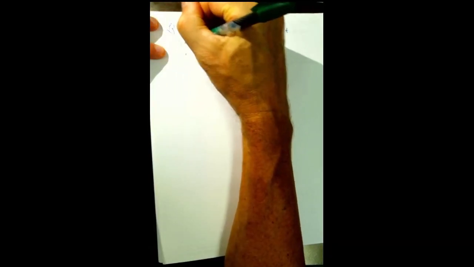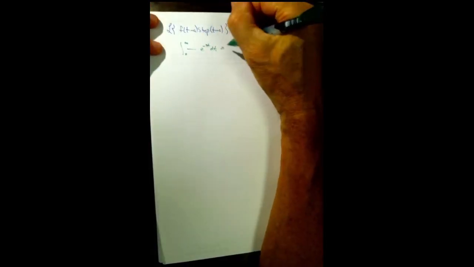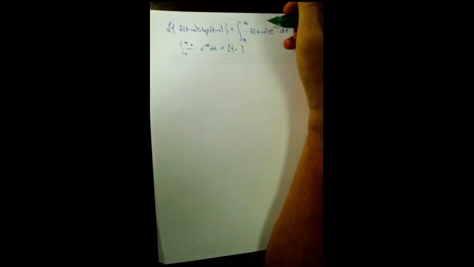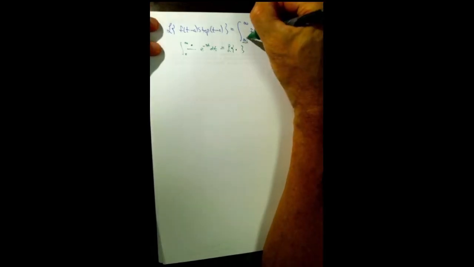The reason is that we would like to write this in this form, because this is the definition of the Laplace transform of some function. And that's not quite what I have here because of this a. So let's focus on that.